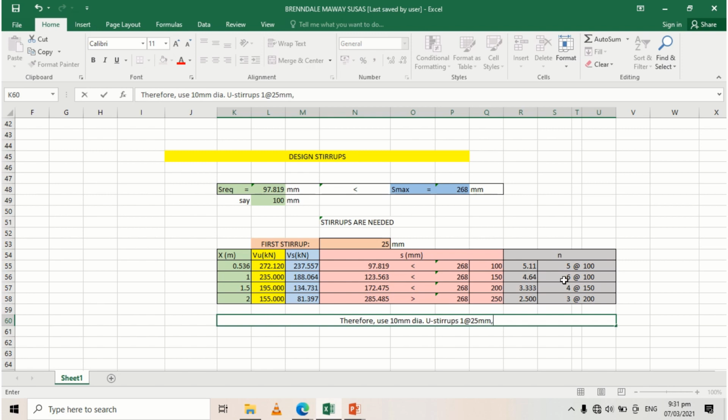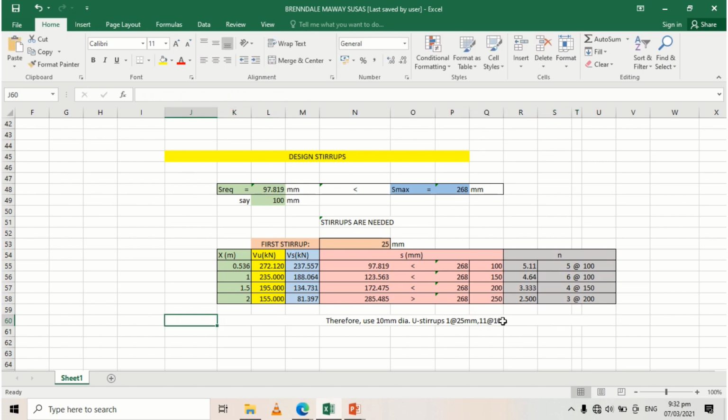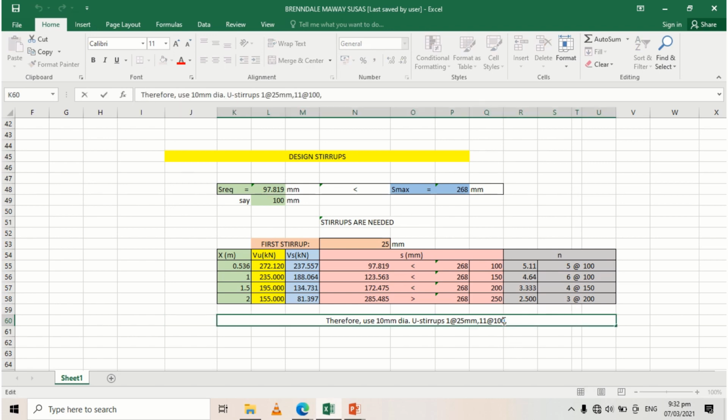Then 5 plus 6 at 100 mm. And 4 at 150 mm, and 3 at 200 mm.